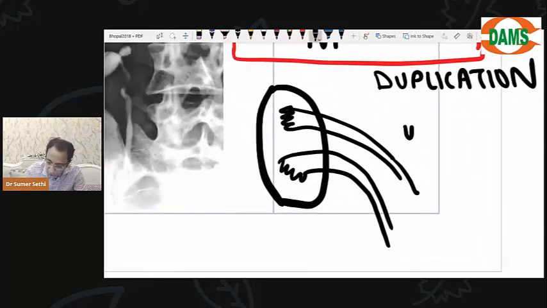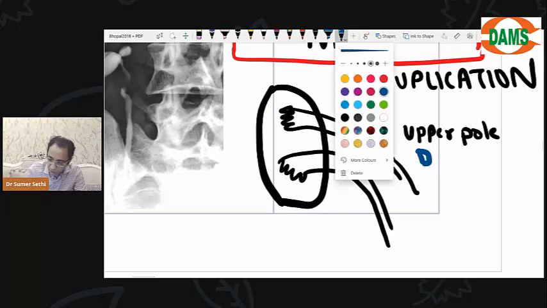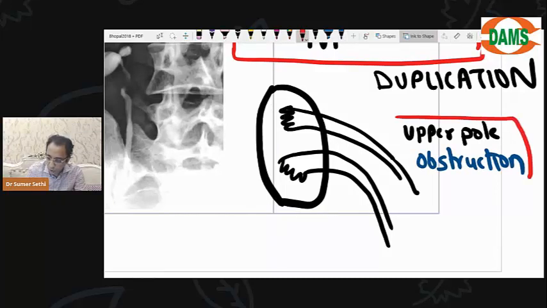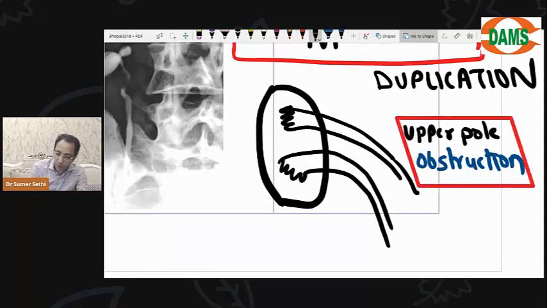So in duplication, the upper pole ureter, because of its anatomy, is more likely to show obstruction. On which pole will obstruction mostly be seen? In the upper pole ureter. So upper pole ureters tend to open low and they are more likely to be obstructed.